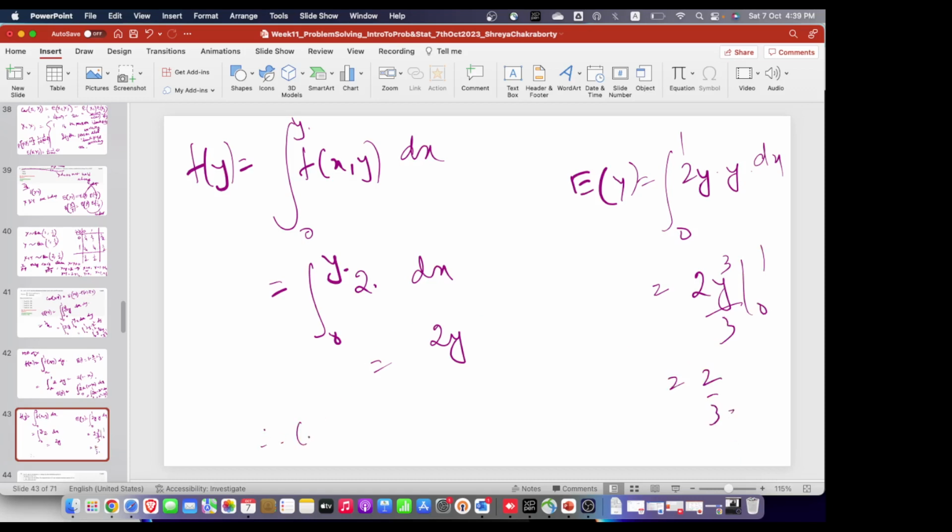So therefore covariance of xy will be 1/4 minus 1/3 into 2/3. So it will be 1/4 minus 2 by 9.